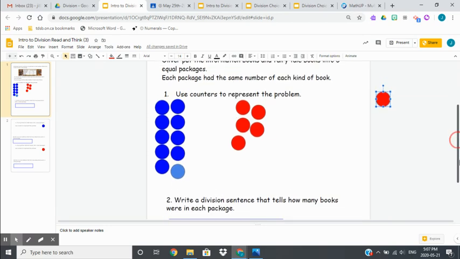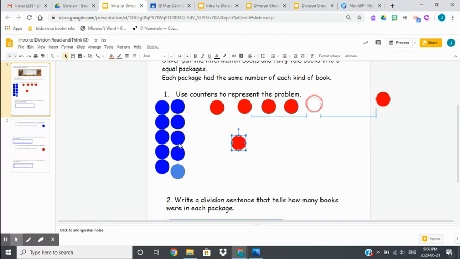So now we've got our information books, we've got our fairy tale books, and we have to put these into 5 equal groups. Well, I have 5 fairy tale books, so I'm going to start with those. Here's 1 group, 2, here's 3, here's 4, and here is 5. All right, let's switch over to the blue ones. I'm going to just keep handing these out. These are my information books, and again, I'm just dividing them equally.